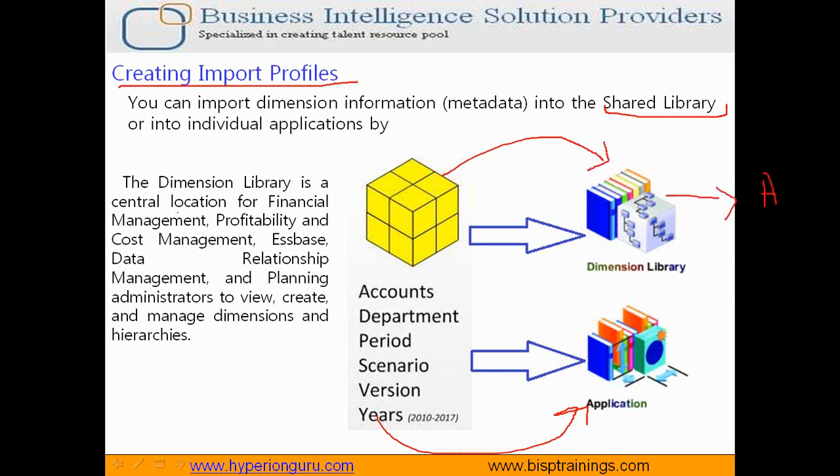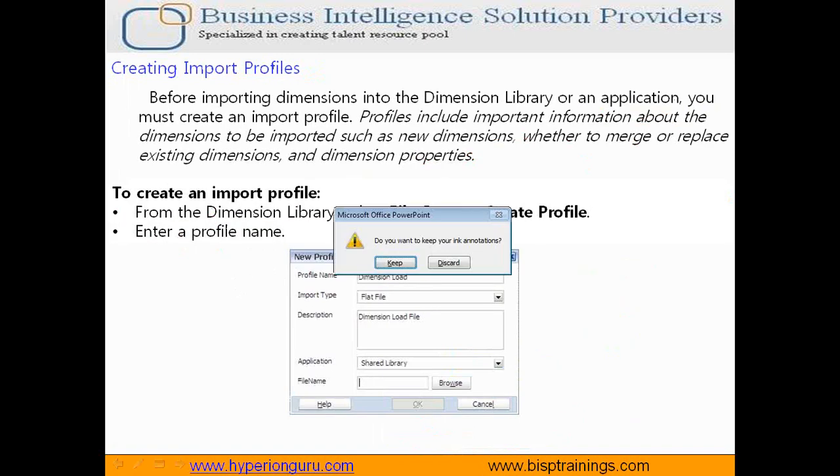And as I discussed, the dimension library is the centralized location of all dimensions. Maybe you need them for HFM, for Profitability and Cost Management, Essbase, or Hyperion Planning. So the benefit of loading into the shared library, we can share the same dimension member multiple times across different dimensions, across different applications. So let's get started.